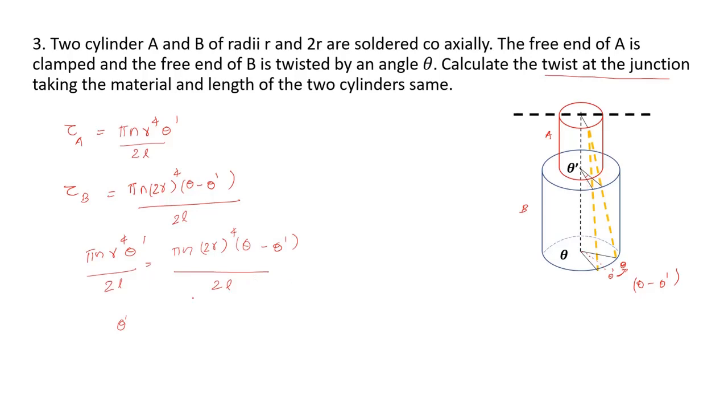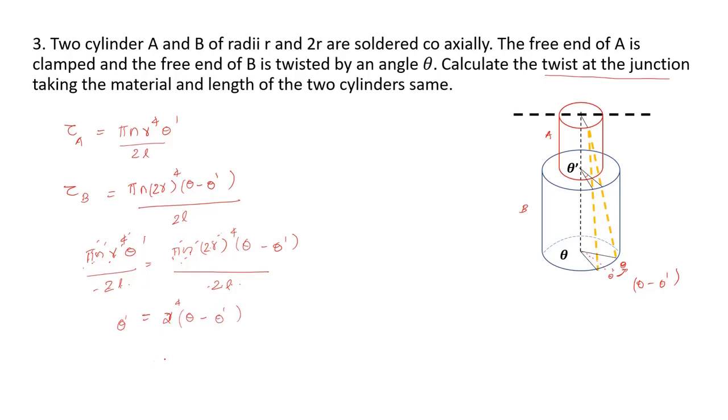So, to find theta dash, let us eliminate all the common terms from here. We can eliminate r to the power 4 from the equation. We can eliminate 2l. So the answer here will be theta dash is equal to 2 to the power 4 into theta minus theta dash.